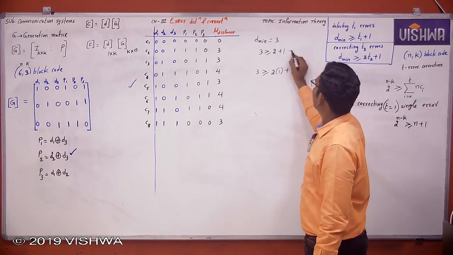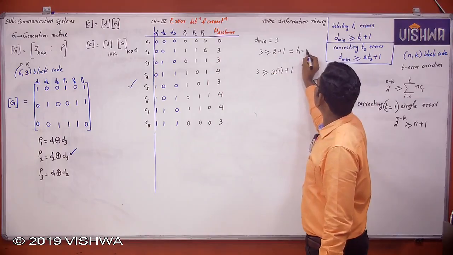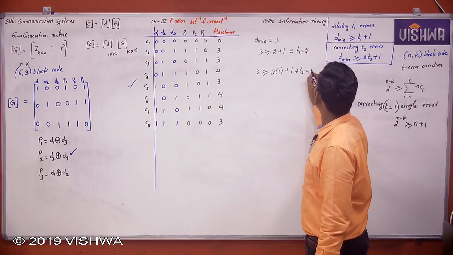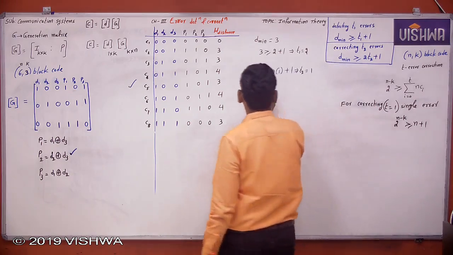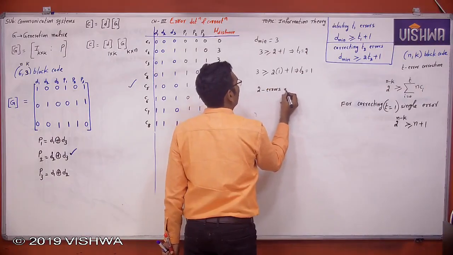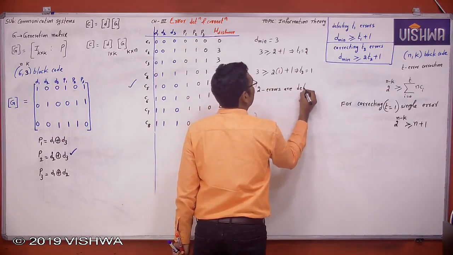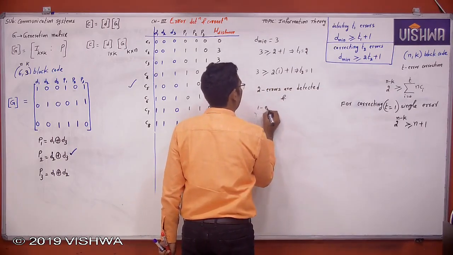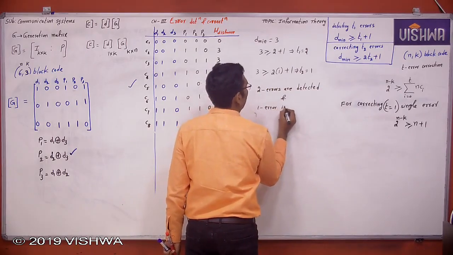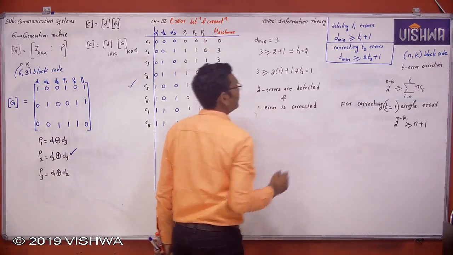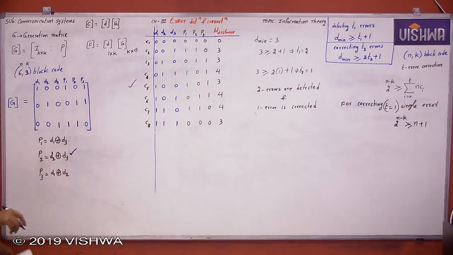So here T1 is equal to 2 and T2 is equal to 1, which means 2 errors are detected and 1 error is corrected. No doubt.